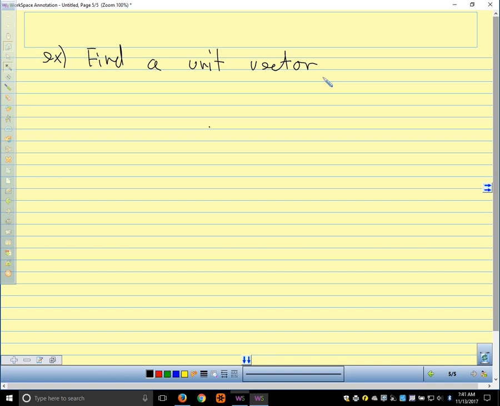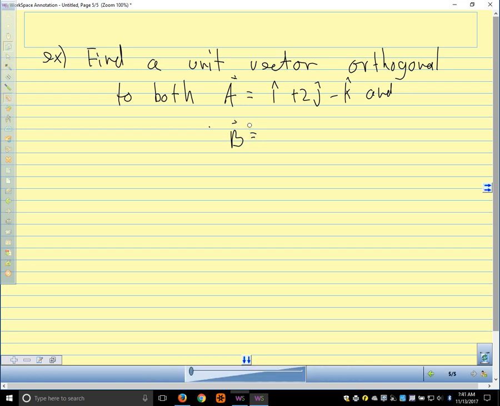Find a unit vector orthogonal to both vector A equals i hat plus 2 j hat minus k hat, and vector B equals negative 2 i hat plus 2 j hat plus 2 k hat.